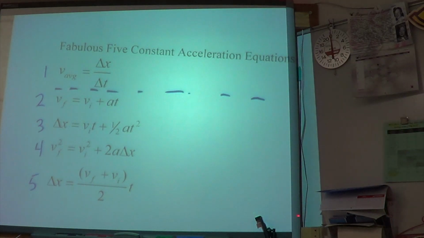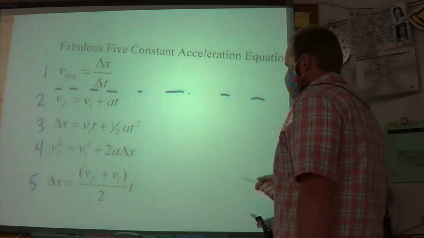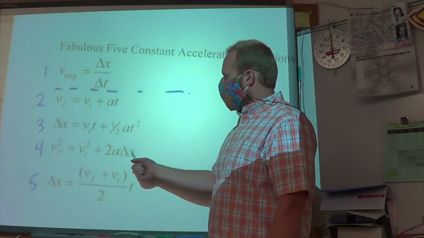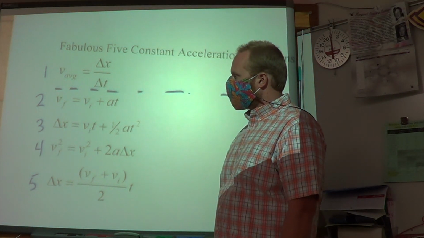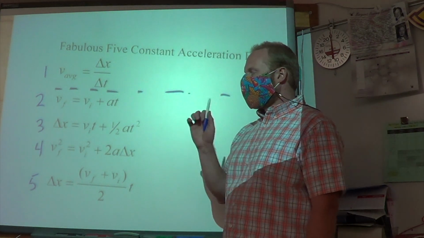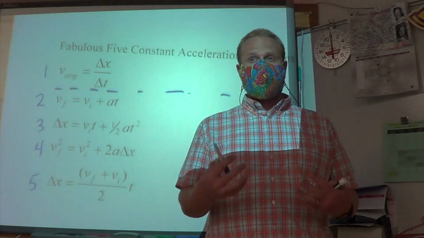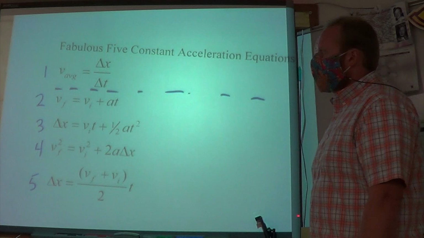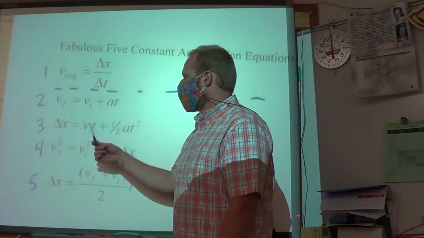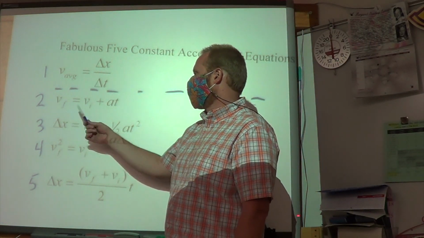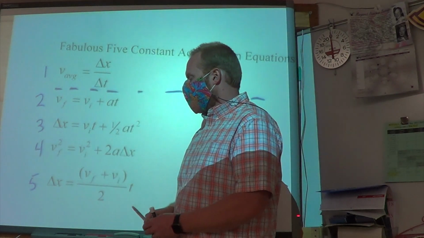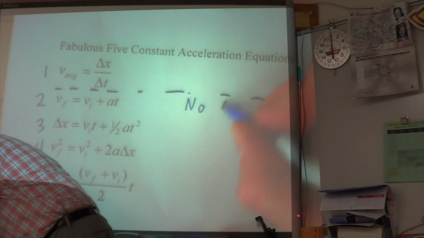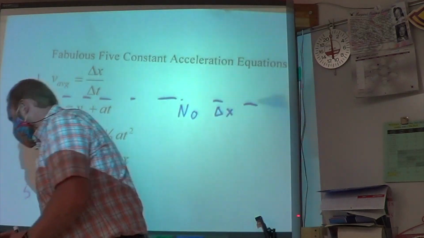But if we go through and look at our list of 5 variables that I've listed on the board, we'll notice that one of the variables is missing in each of these equations. And identifying what's missing will be helpful in choosing the equation we're going to use when we try to solve the problem. So if we look at the second equation, we have an initial velocity, a final velocity, an acceleration and a time, but nowhere in that equation is there a delta x.